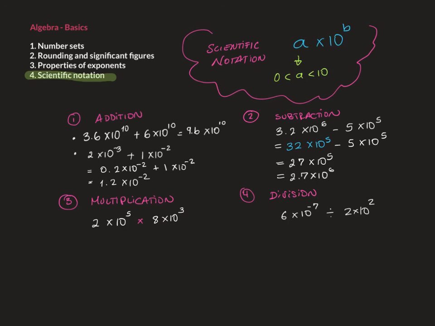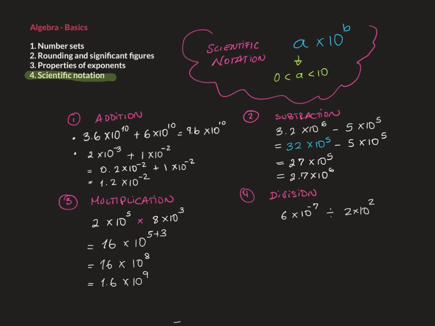So in this case, for the first example in multiplication, you want to operate 2 times 8, which is 16, and then you want to say times 10 to the power of, because it's a multiplication of exponents with the same base, that would be 5 plus 3. So this is going to be 16 times 10 to the power of 8. And finally we fix it because 16 is bigger than 10, so 1.6 times 10 to the power of 9 would be the final answer.